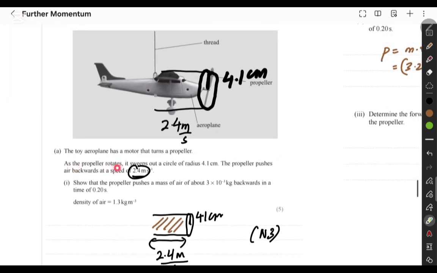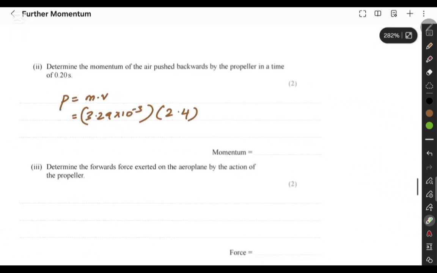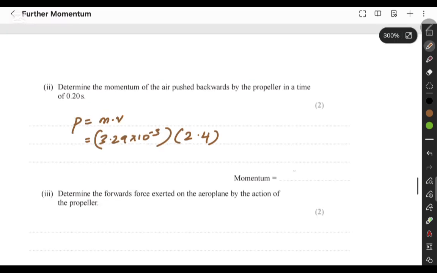It tells us the propeller pushes the air backwards at a speed of 2.4 meters per second. I'm going to multiply this and get 7.91 times 10 to the power of minus 3 kg meter per second.